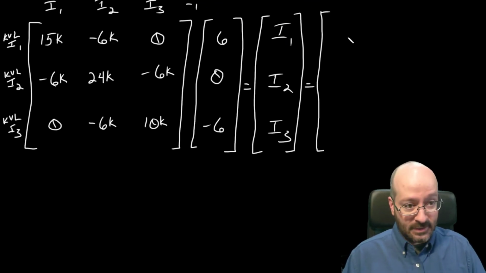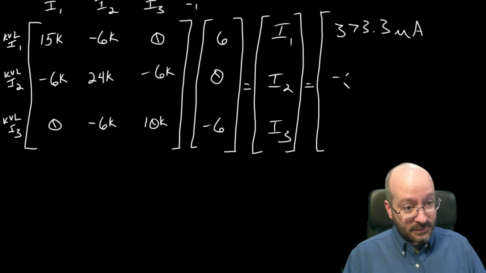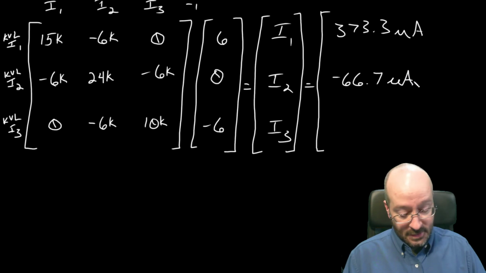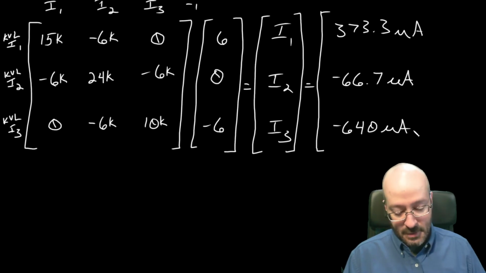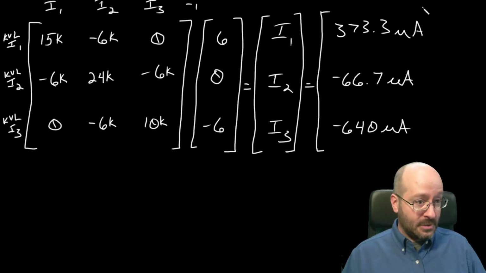Yeah, it looks like I can squeeze it in there. 373.3 microamps, negative 66.7 microamps, and negative 640 microamps. Okay, so we got the mesh currents.